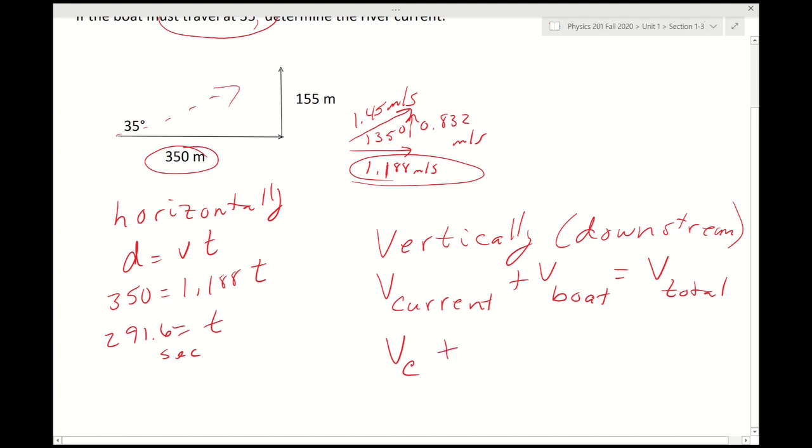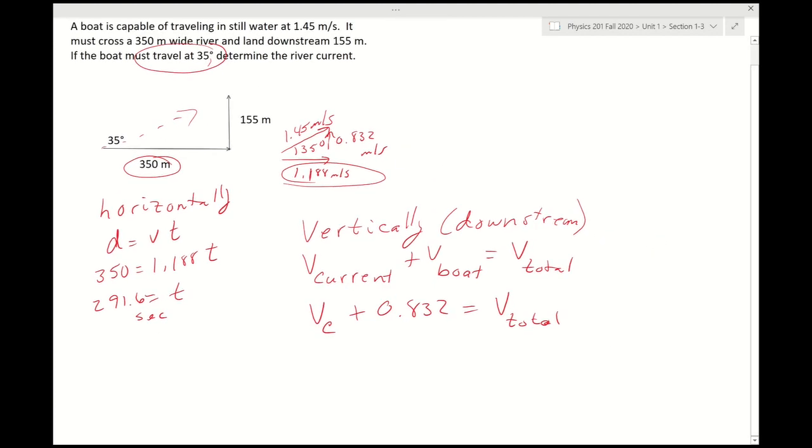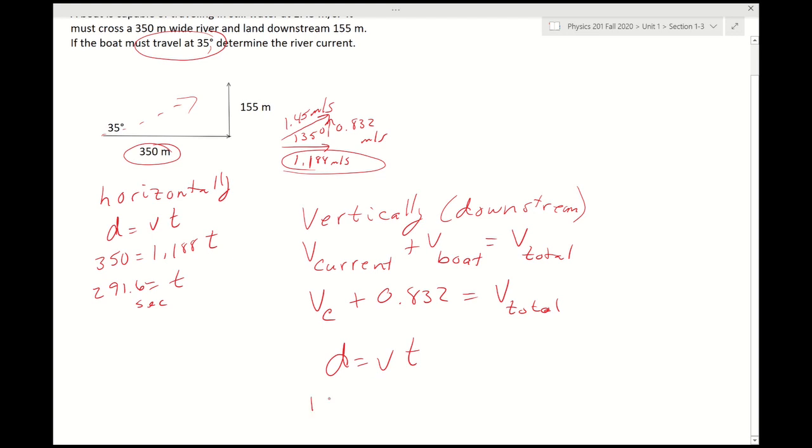Distance is speed times time, again, just like I did. So we move 155 meters with a total speed that we don't know yet in 291.6 seconds.